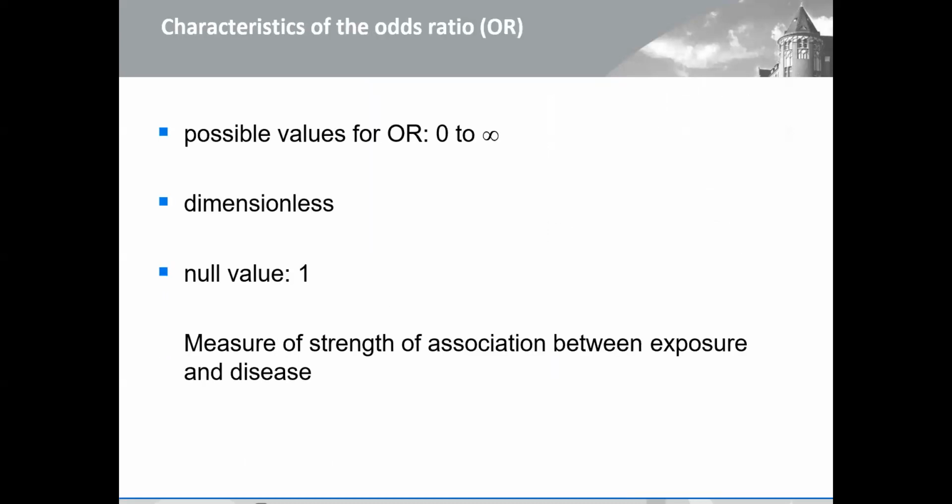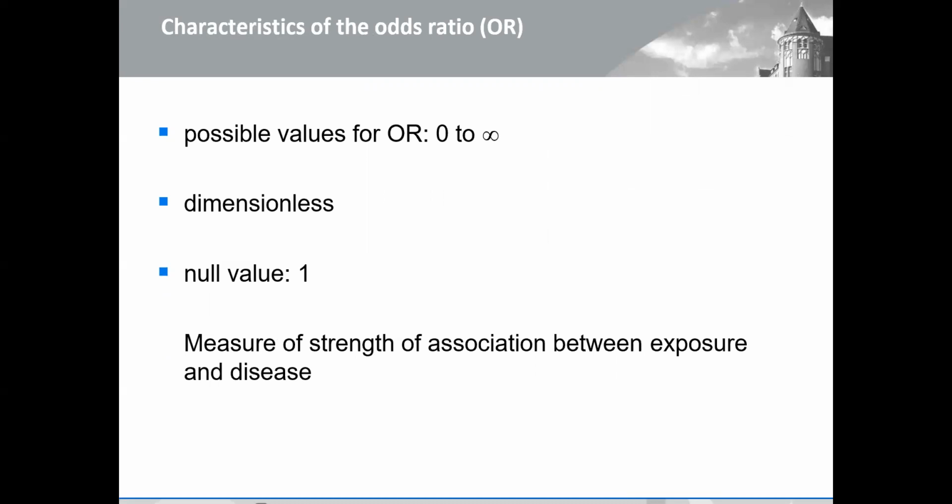How do you interpret our odds ratio? What are the characteristics of the odds ratio? They have more or less the same meaning as relative risk, ranging from 0 up to infinity.